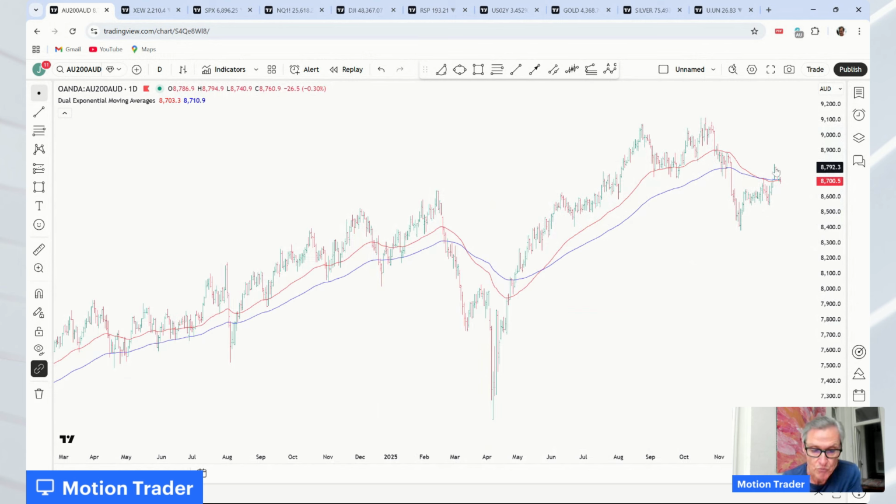I think this latest rally, just in the last couple of weeks, diffuses the immediate vulnerability that was present when prices were below the moving averages just a few weeks ago.